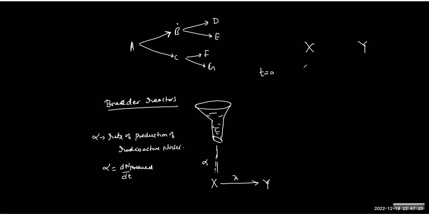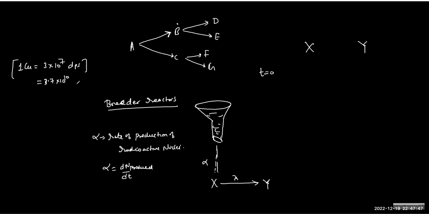What is 1 curie? How much is 1 curie? I think 3 into 10 power 7 DPS. Just check the value. I don't remember the value. 1 curie is how much? I think 3.7 into 10 power 10.